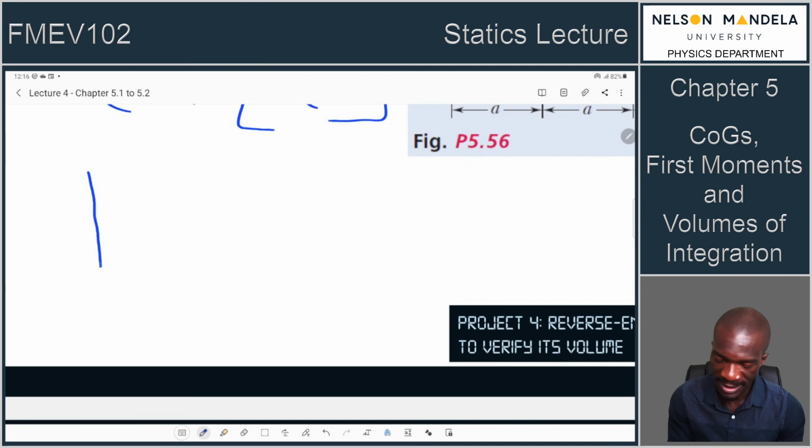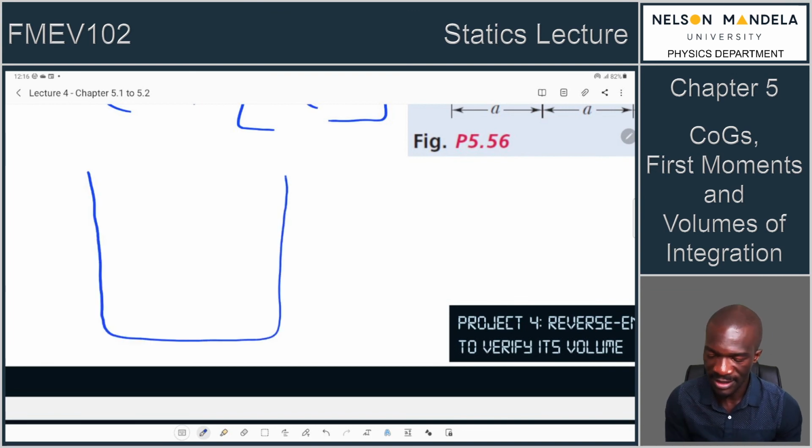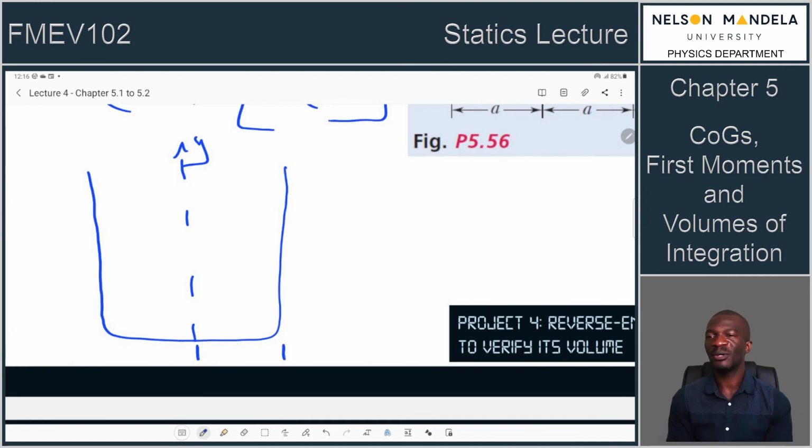So your mug is usually maybe something like this, right? So we can assume that it's cylindrical. So you can choose an axis, call that your y-axis. And all you want is to rotate this particular region about the y-axis.